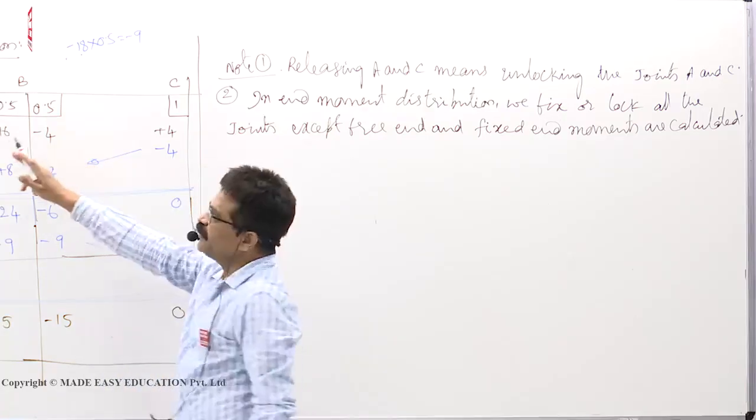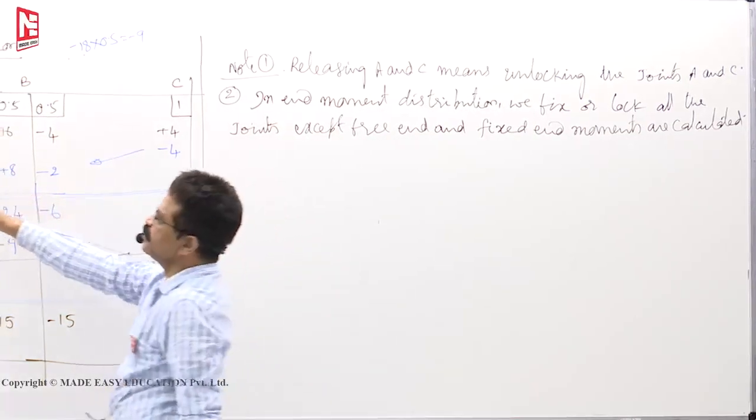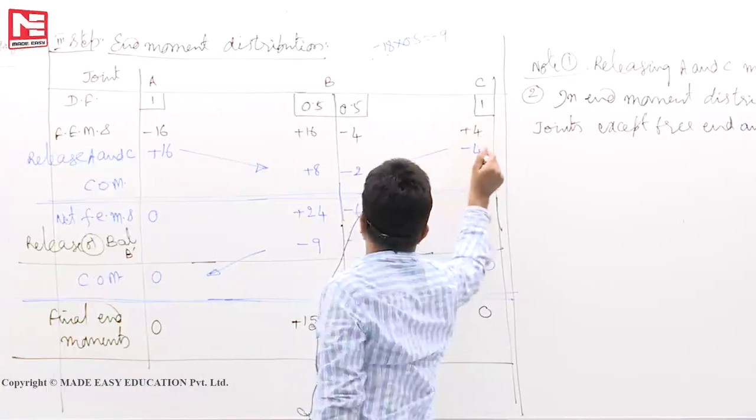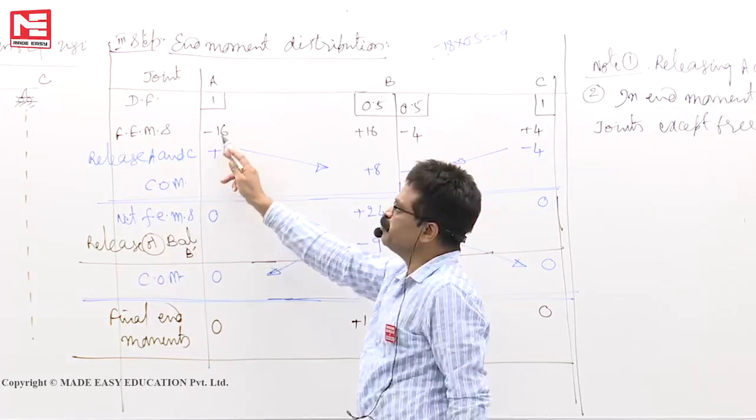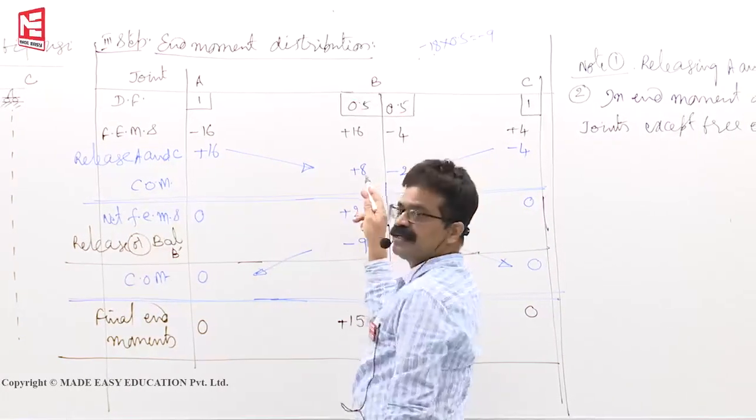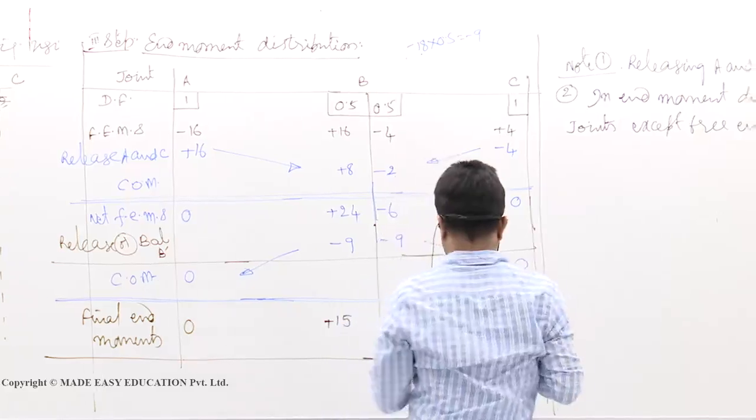Now, after this, if at all end joints are hinged, A and C like this, you have to release them by applying moments opposite to that, and carry over moments you have to calculate.